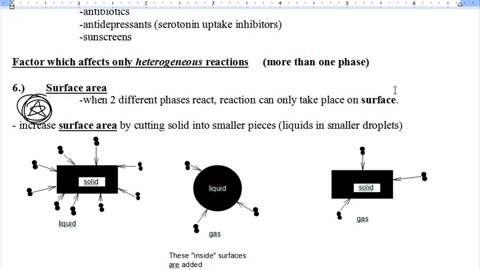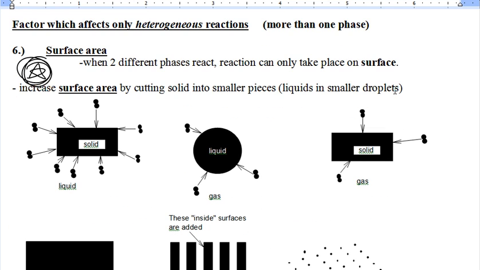Last but not least, very special example. If you have a heterogeneous reaction, which means if you have something that is different phases, you can change one of the phases. You can make them smaller. You can increase the surface area of one of the phases, and it will help the other phase react with it.